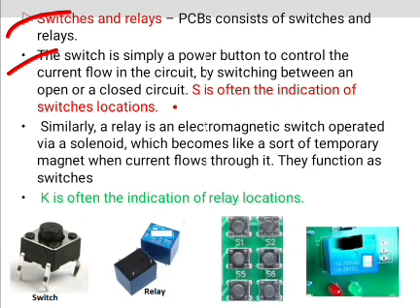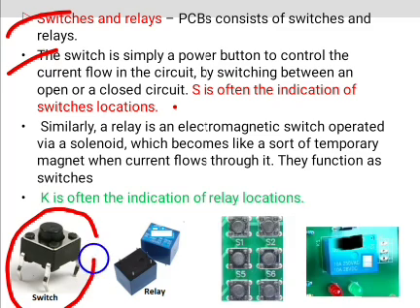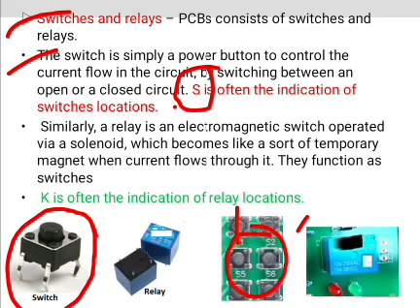So this is the switch as shown in the figure. S is often the indication of the switch location on the PCB board. These are S1, S2, S5, S6. If there are a number of switches, they will give numbers 1, 2, 3, 4 like that. So S1, S2, S3, S4. S is often the indication of a switch's location on the PCB board.